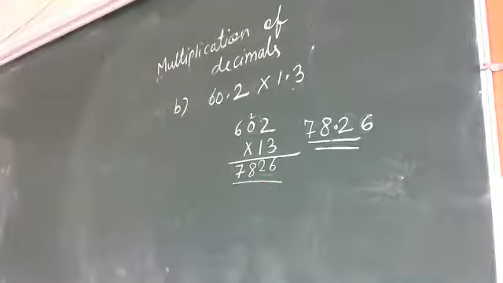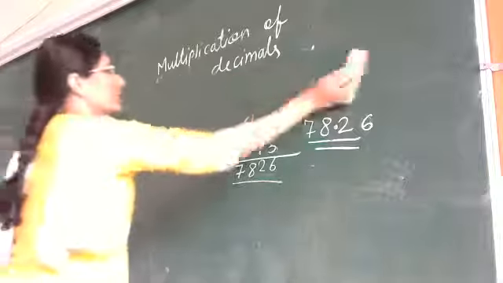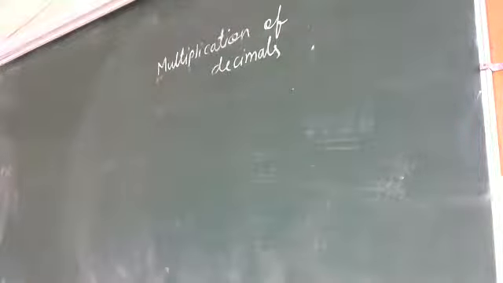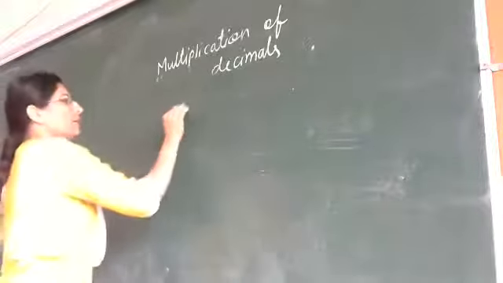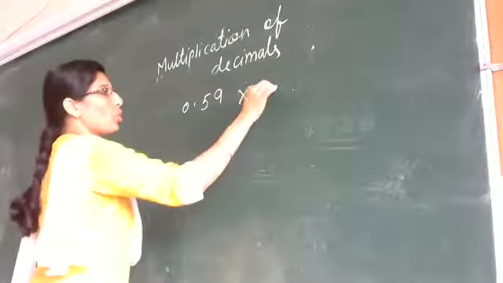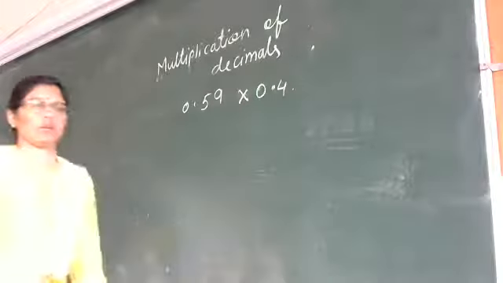Okay, now I will give you one sum. You do and tell me the answer. 0.59 multiplied with 0.4.